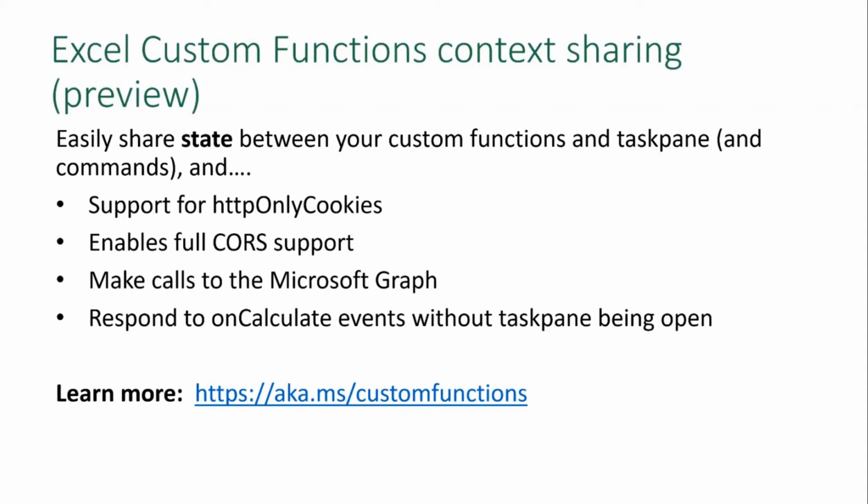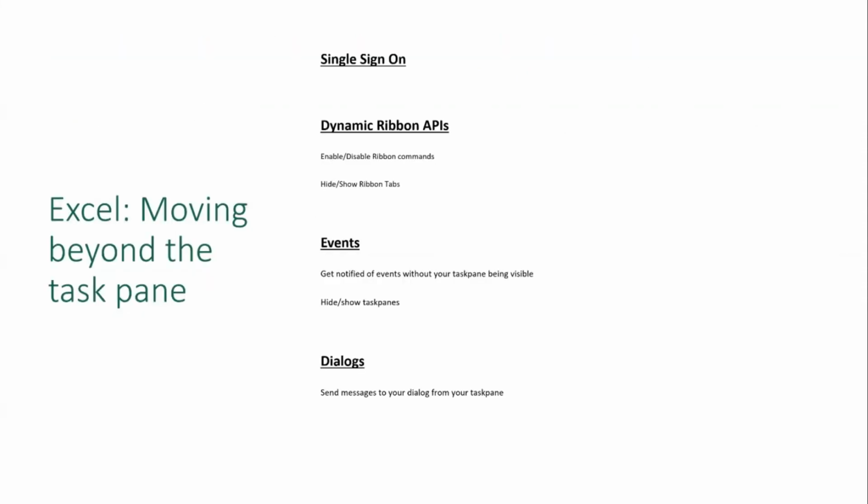So, moving beyond investing in the core workbook-level APIs, as well as the custom function context sharing, the platform is really evolving beyond the task pane. Looking ahead, there are a few other things to see.